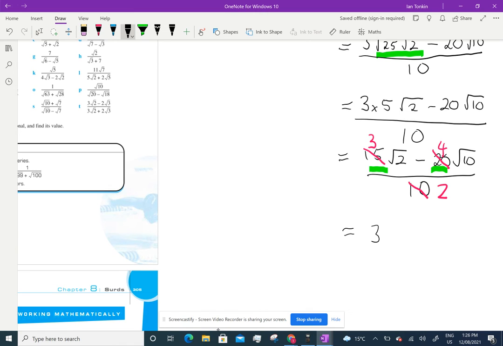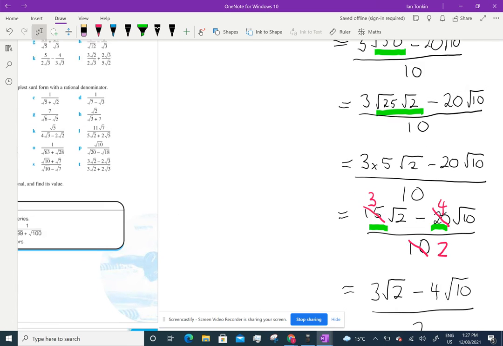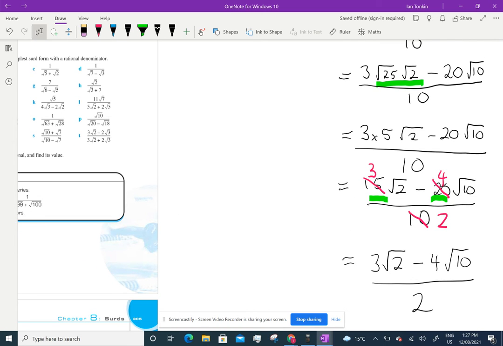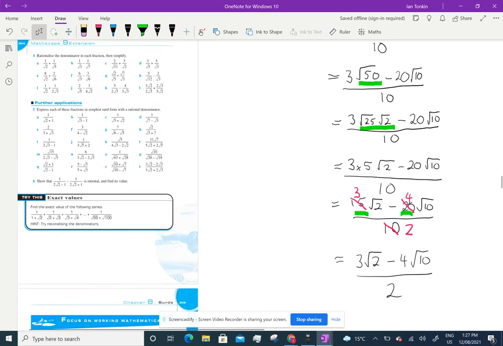Okay, so I get 3 root 2 minus 4 root 10 over 2. And let's just double check what question was that. K, and I'm looking at 3K, 3 root 2 minus 4 root 10 on 2. And remember, you can always use your calculator to check.